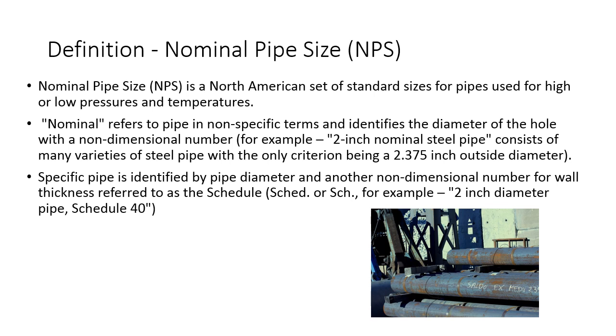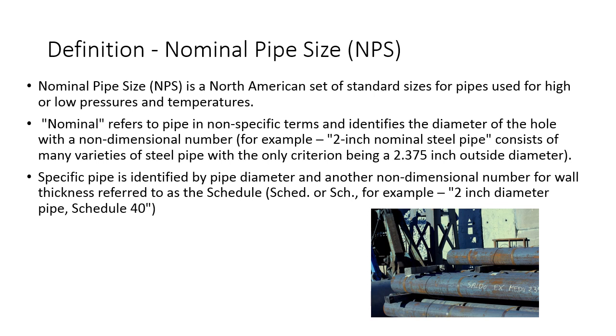For example, 2-inch nominal pipe, steel pipe, consists of many varieties of steel pipe, with the only criterion being a 2.375 inch outside diameter. Specific pipe is identified by pipe diameter and another non-dimensional number for wall thickness, referred to as a schedule.